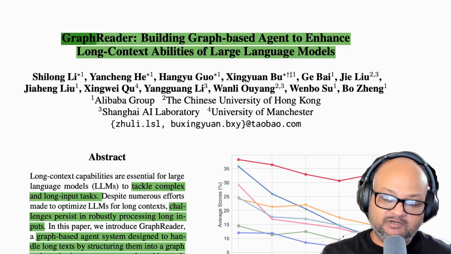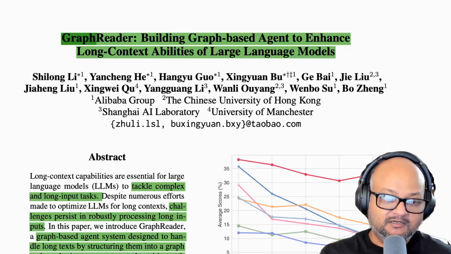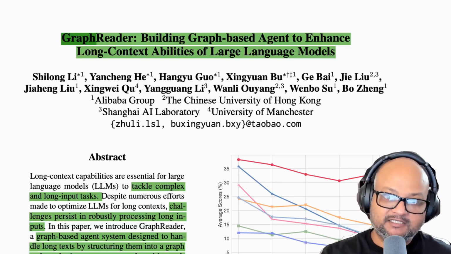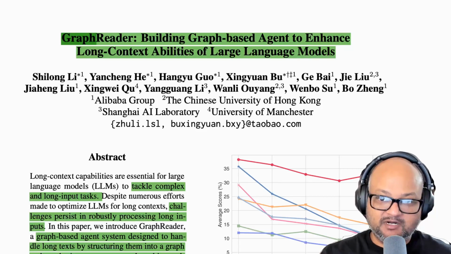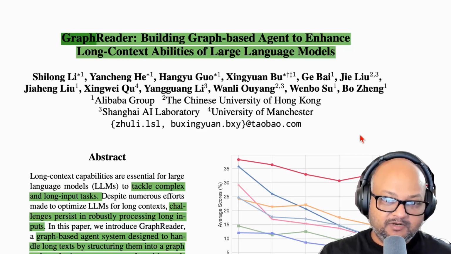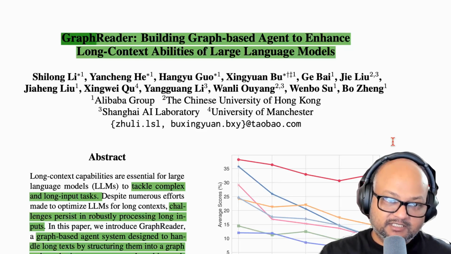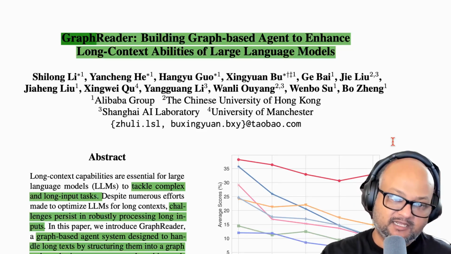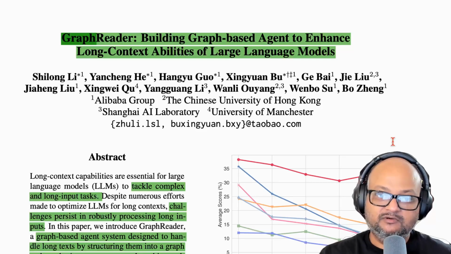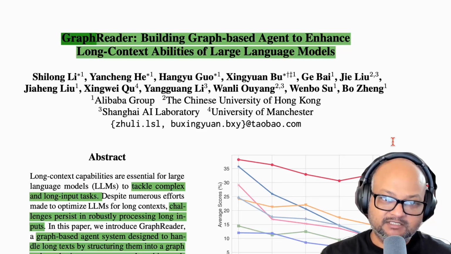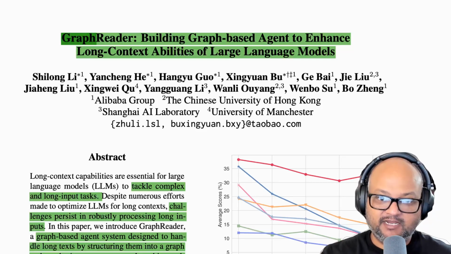And that was in the form of graphs with nodes being concepts and edges being relationships among those concepts. The paper today does something similar, but I think the interesting thing in this paper is how they use agent-like behavior to traverse the graph, reason over it, and generate answers.